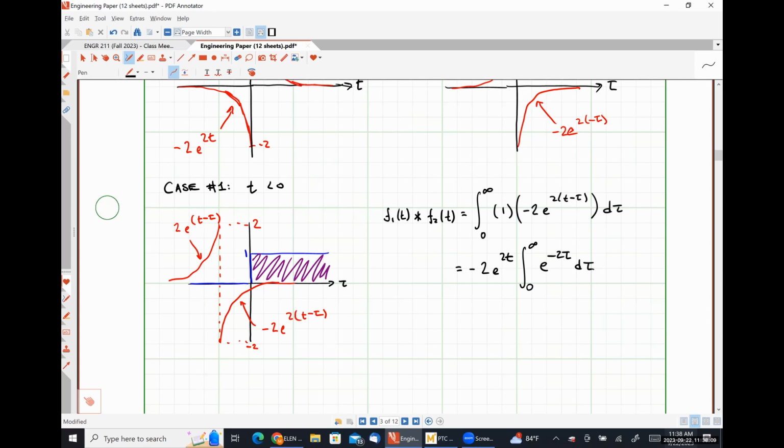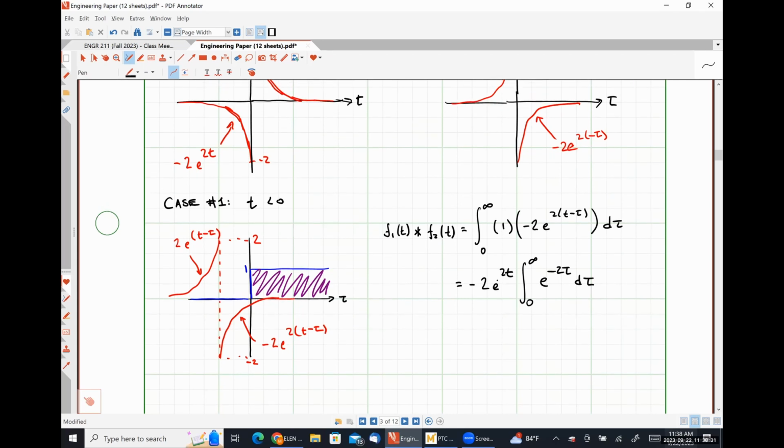Sure. So for tau less than 0, our unit step function has a value of 0. So my convolution integral equation, let me write the real equation up here, right?